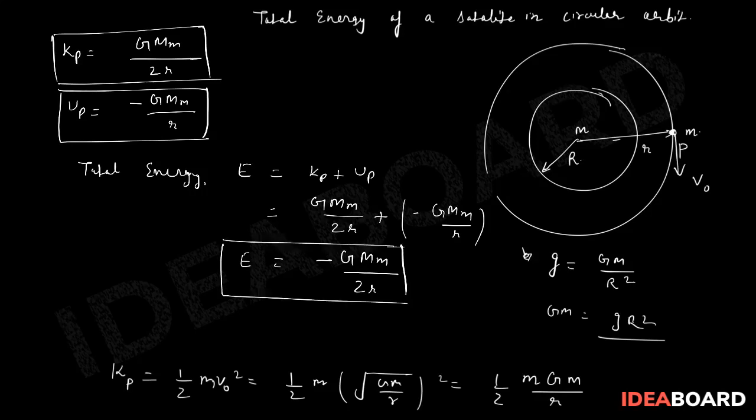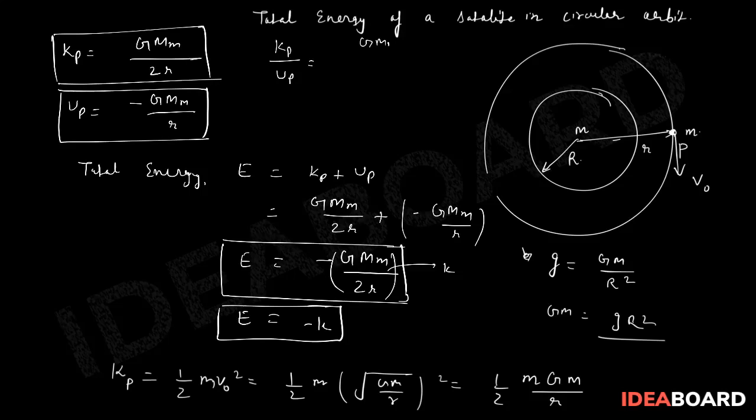So we get a very important relation. If you see this carefully, this is nothing else but K. So E will be equal to minus K. And if you clearly observe, if you take the ratio of mod Kp upon mod Up, that is GMm upon 2r, this is r, this is cancelled out, this is cancelled out, so 1 upon 2.